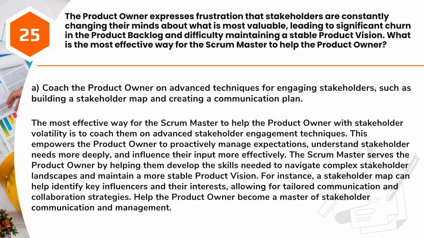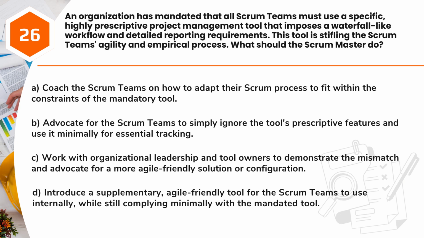The Scrum Master serves the product owner by helping them develop the skills needed to navigate complex stakeholder landscapes and maintain a more stable product vision. For instance, a stakeholder map can help identify key influencers and their interests, allowing for tailored communication and collaboration strategies. Help the product owner become a master of stakeholder communication and management.